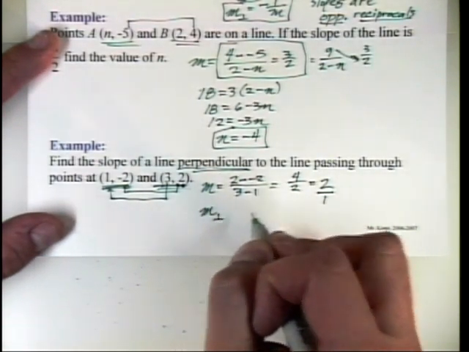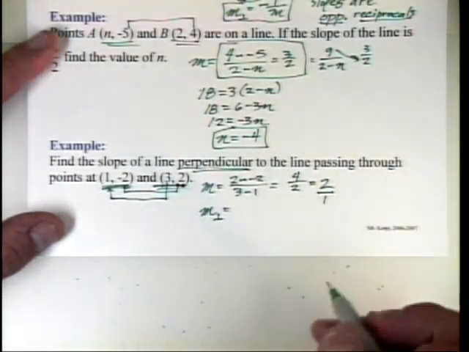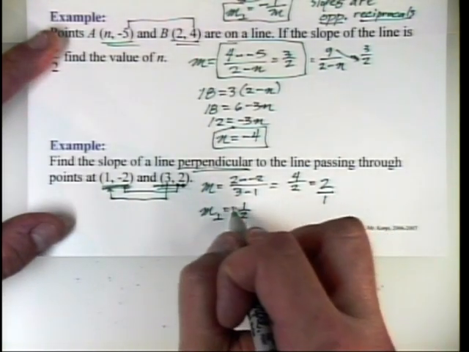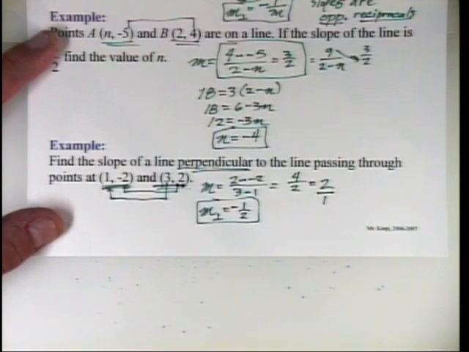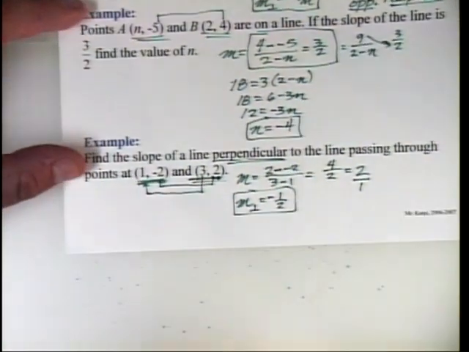I'll call that m sub perpendicular to show that they're related. And all I have to do is flip 2 over 1 to get 1 over 2. And since it's positive now, it will become negative. And so that would be the slope of the line perpendicular to it. Now we can quickly check based on the postulate. The postulate says if I multiply the 2 slopes together, I should get -1. Well, let's try it.